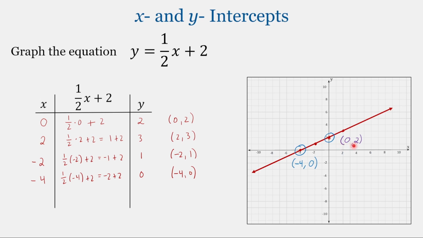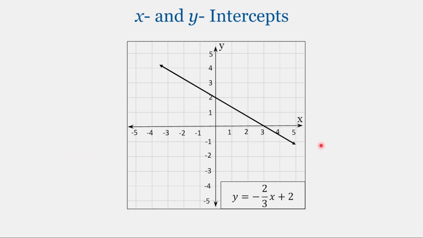And we have the ordered pair 0, 2 for this y-intercept. So for this example, when we created the table to graph the equation, we did end up getting both the y-intercept, 0, 2, and the x-intercept, negative 4, 0.